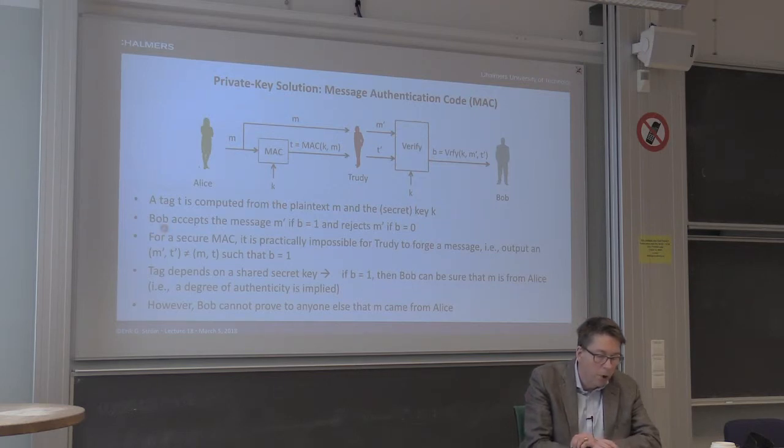So Bob accepts a message M prime if B is equal to 1 and rejects M prime if B is equal to 0.